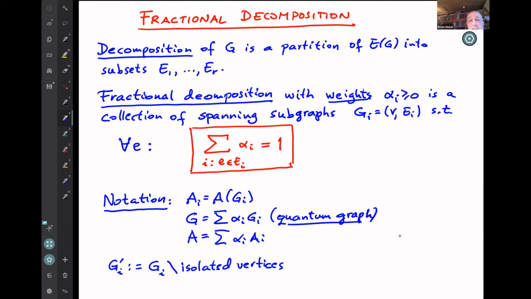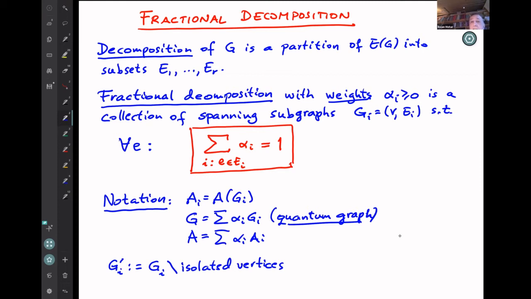But the fractional decomposition is that you assign weights to every subset, E1 up to ER, and then you demand that every edge may be in many of these graphs, but altogether the sum of the weights is at least 1 or equal to 1.